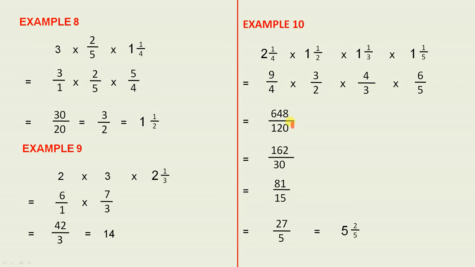Divide top and bottom by 4, that gives you 162 over 30. Divide top and bottom by 2, that gives you 81 over 15. Divide top and bottom by 3, that gives you 27 over 5. And 27 over 5 is 5 2/5.